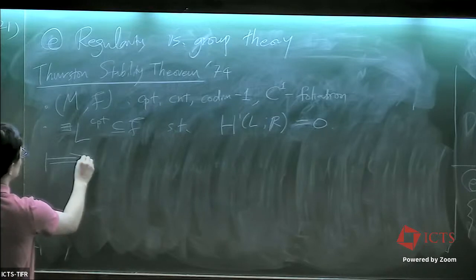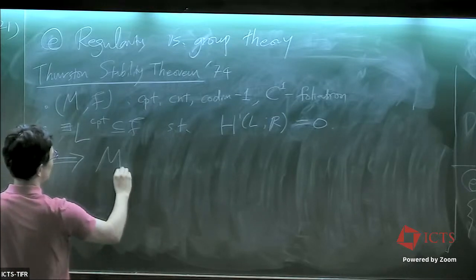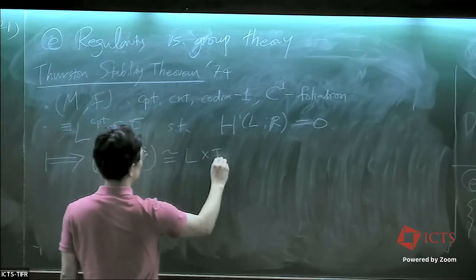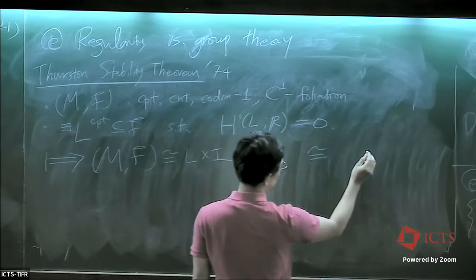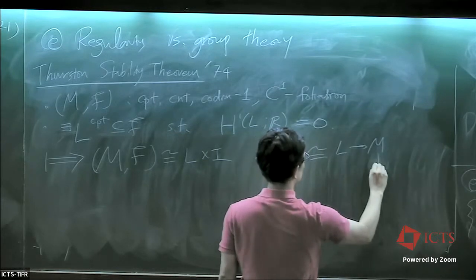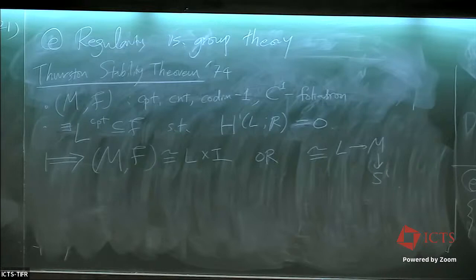then it becomes amazingly simple. Either M is a trivial interval bundle L cross I, or an L bundle over S^1. This is an extremely powerful theorem, knowing only the homology of one leaf.